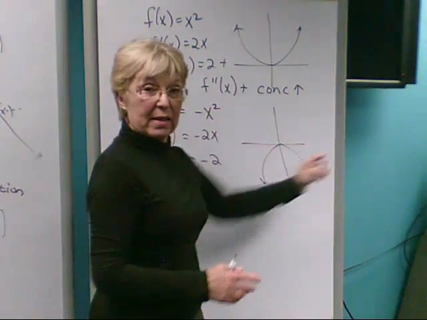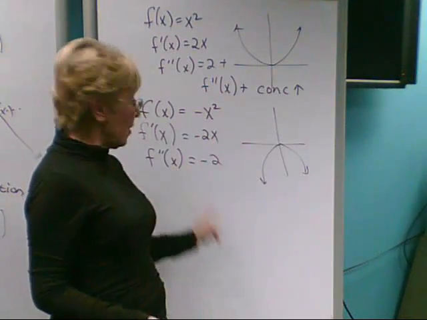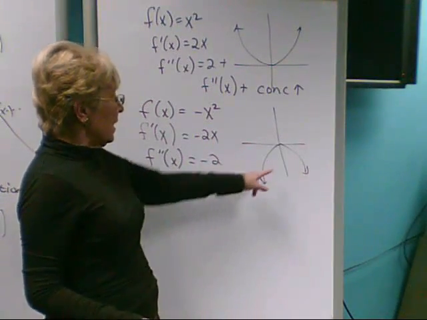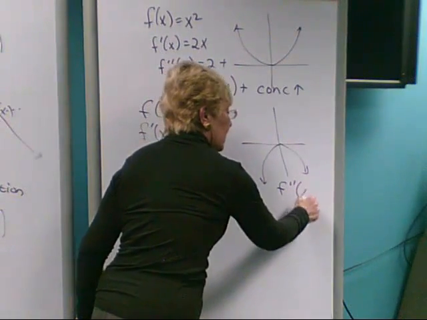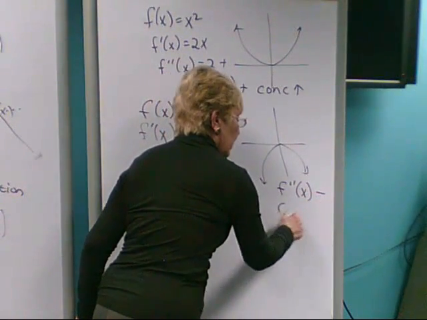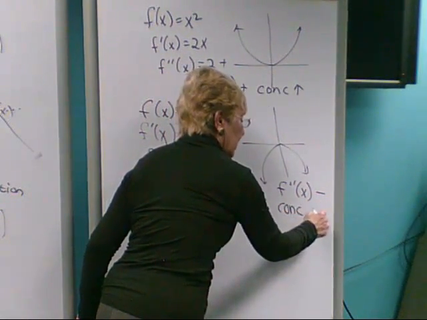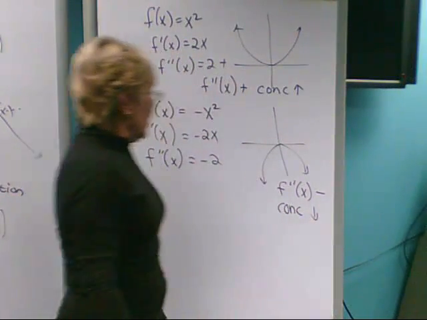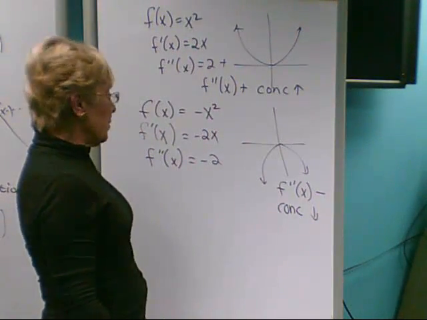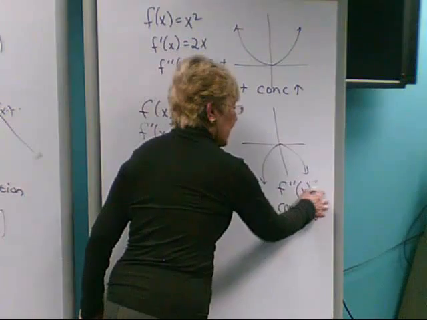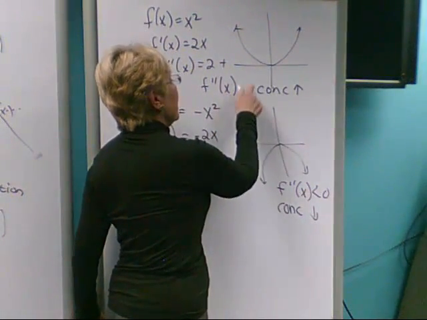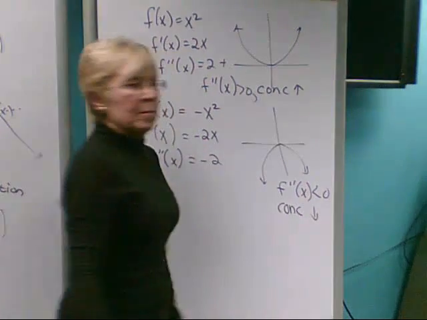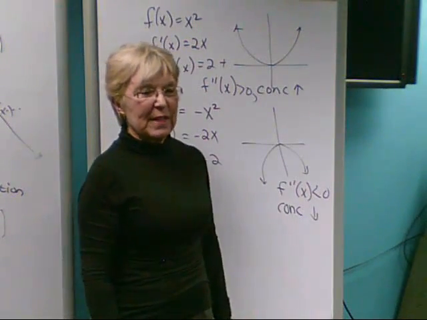For any x, it doesn't matter, there's no place to put an x, so it's always -2, indicating it's concave down. Second derivative negative, concave down. And I probably shouldn't get so lazy. I'll probably write negative like this, and positive like this. I'll try to remember. Let's go to the next topic.